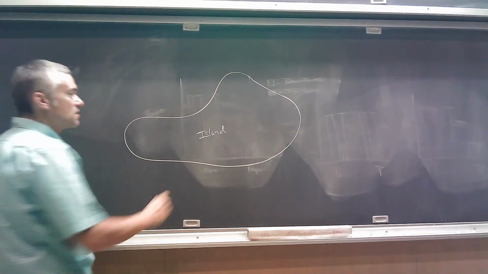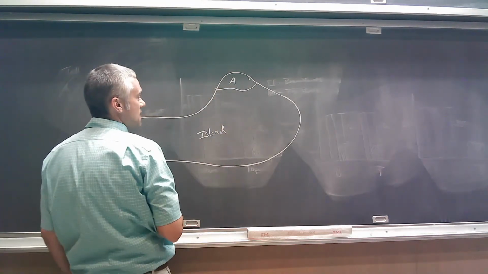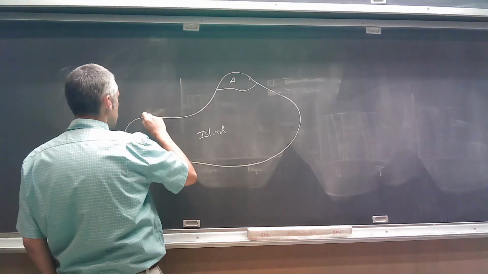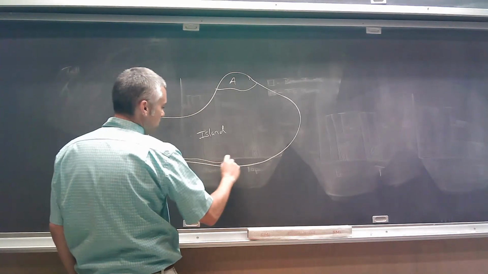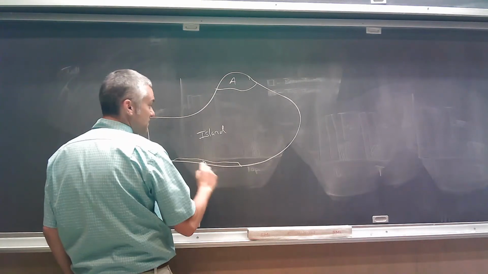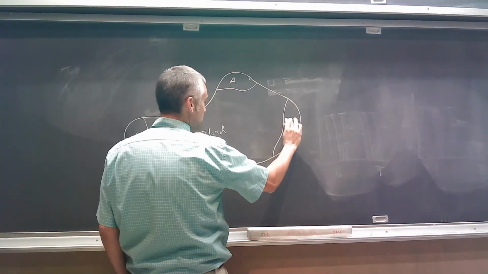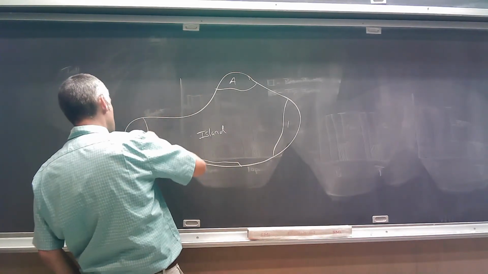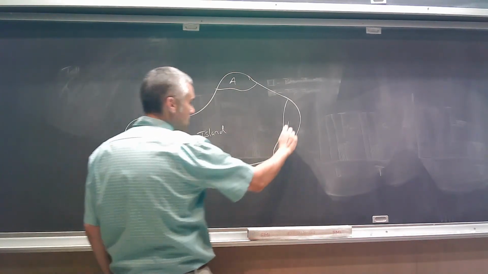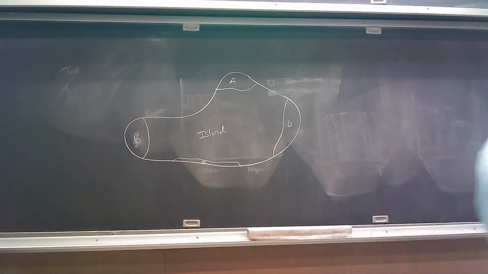When we go out and look, we have a group of tortoises that inhabit this area of the island, a group that inhabits this area of the island, and a group that inhabits there. And then we have A, B, C, and D.